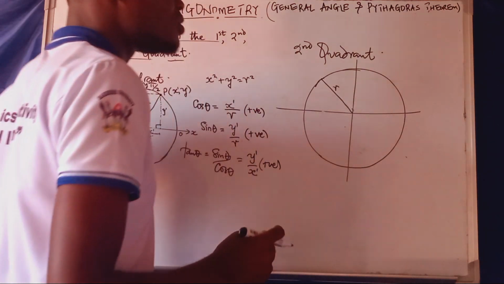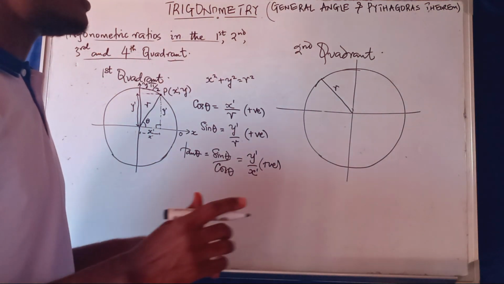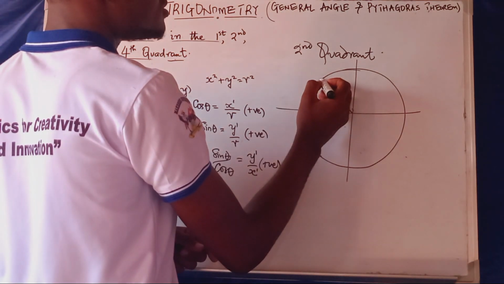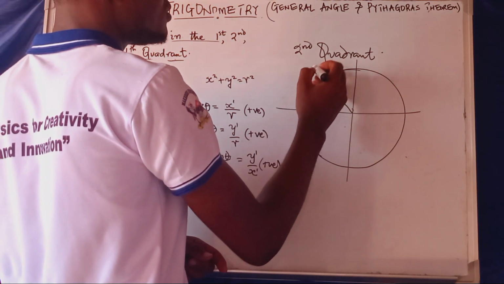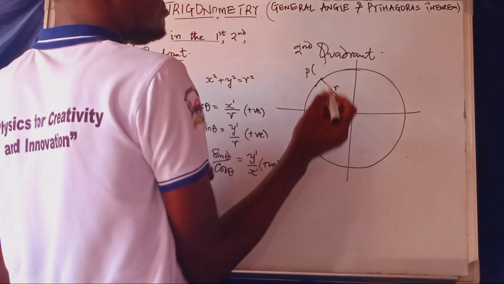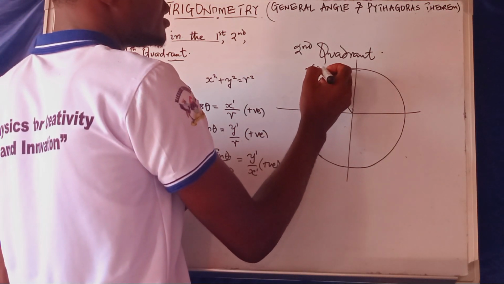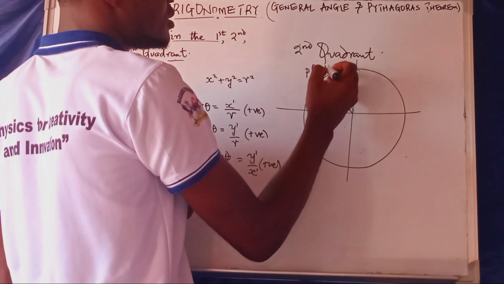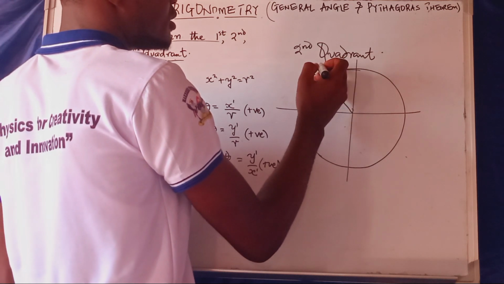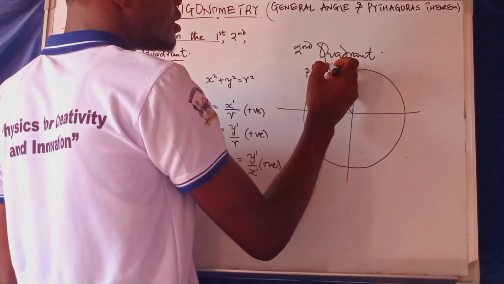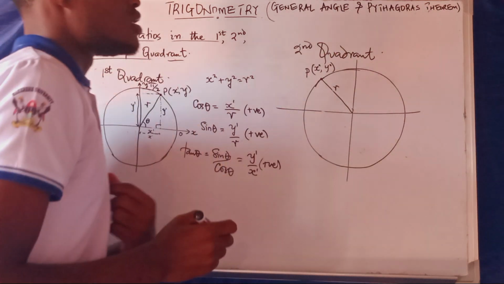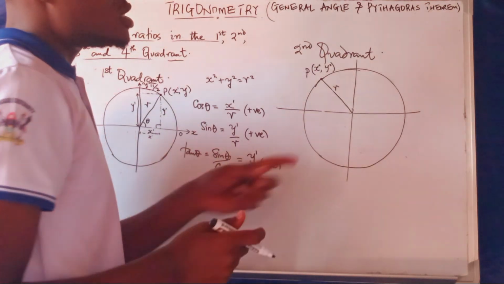My lines are not good, so you can try to draw good lines. Now this is the radius. This is the point on a circle. We can still call it x, y, or we can call it x star, like that.